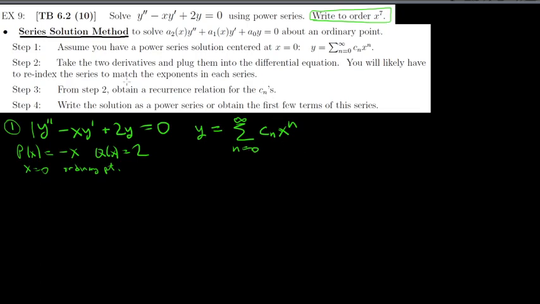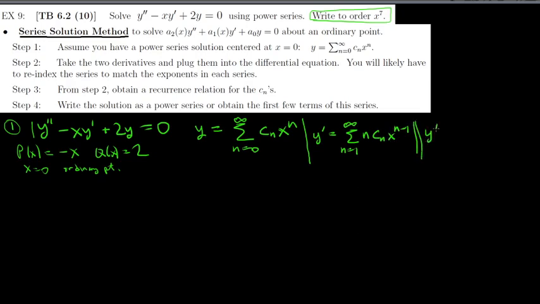Okay, so what do we need? Well, the equation involves the first derivative and the second derivative. So now we need to take two derivatives here. I wonder if I can squeeze them in here, because we did these already. We did y prime, which is the sum n going from 1 to infinity of n Cn x to the n minus 1.